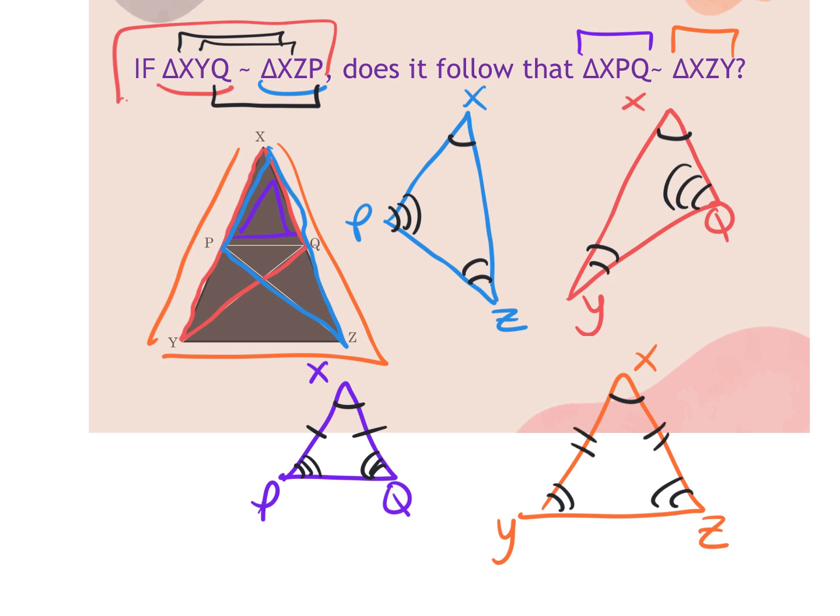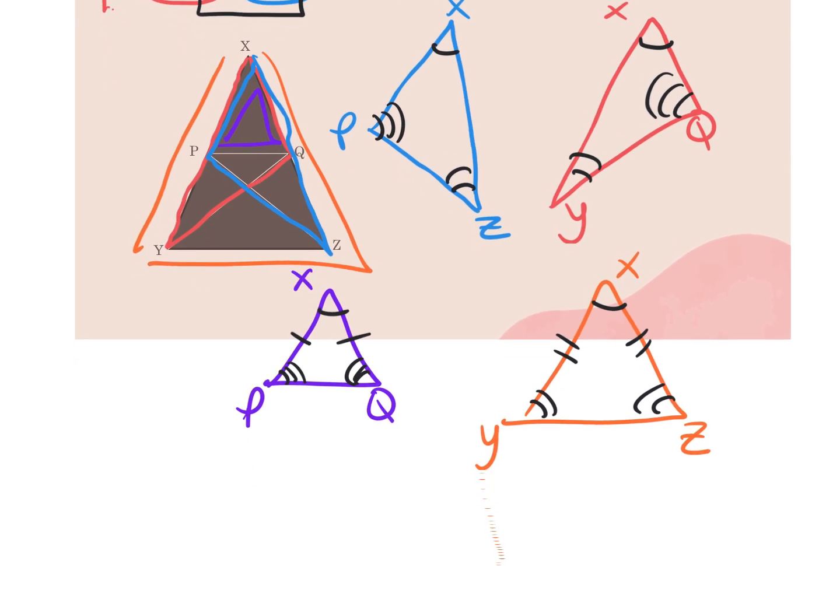So I have two isosceles triangles, which are going to be similar because I have angle X congruent to angle X, and then if I have two sides that are the same, then I already know that their ratios are going to be the same.